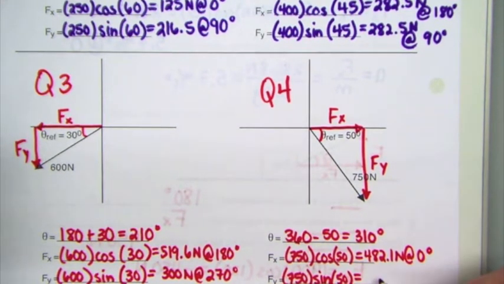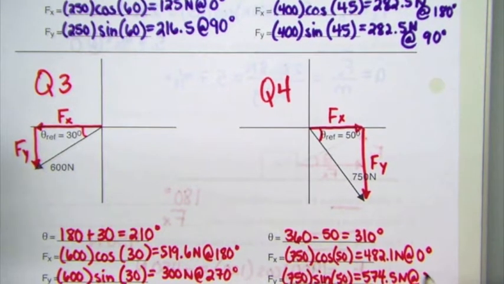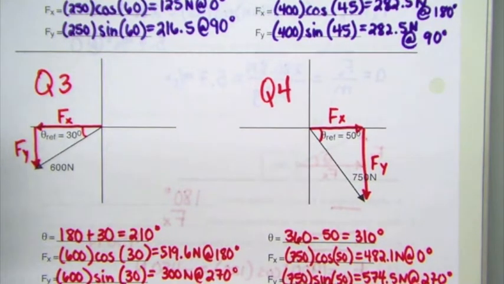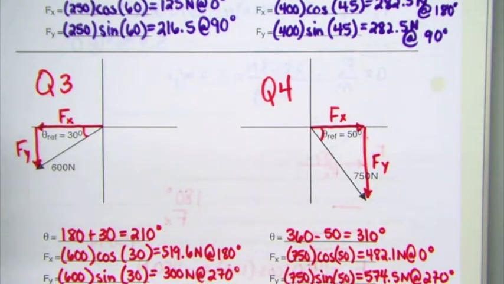To the right is 0. And down is at 270. Okay. Hopefully this helps you get better at your vector resolution, finding your component vectors.